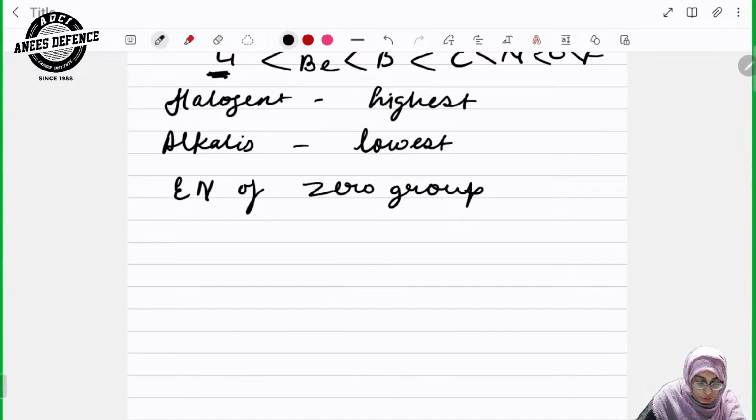So what is the electronegativity of group 0 elements? It is 0, because they have no tendency to attract electrons due to their stable octet state. Because of their stable configuration, they cannot attract electrons, so their electronegativity is 0.